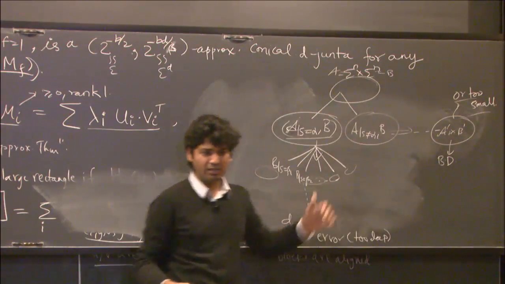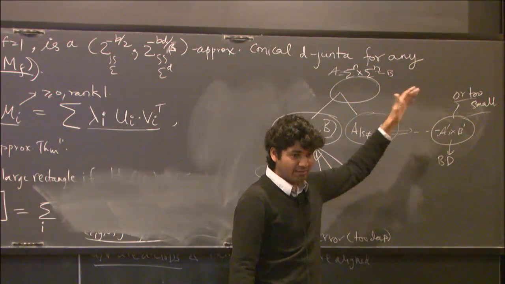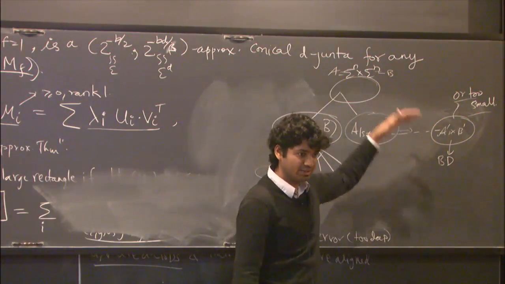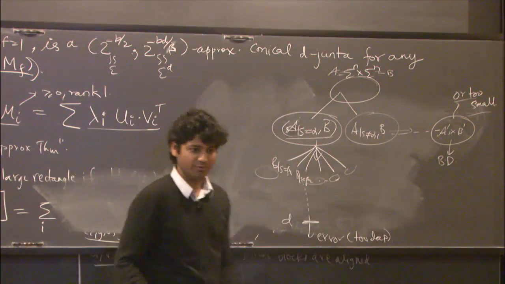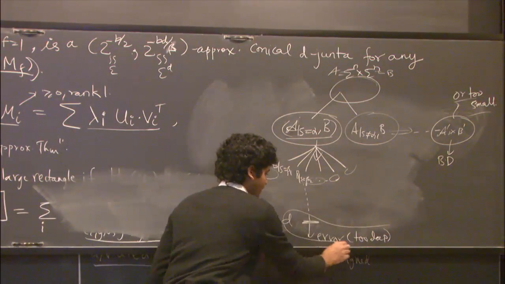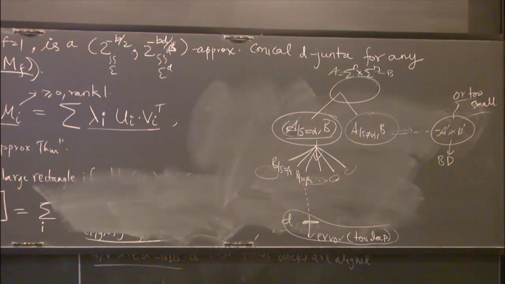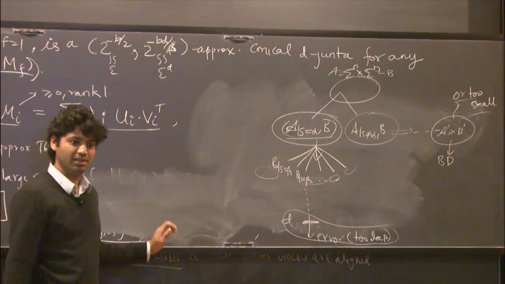This part is easy: if you go to too small, the errors you add are not going to blow up, because for every layer you just have some error that you incur, and there are some d layers, so you incur d times that error. That's not a big deal. The tricky part of the argument is to show that these too deep paths account for low error, which I'm not going to get into right now.